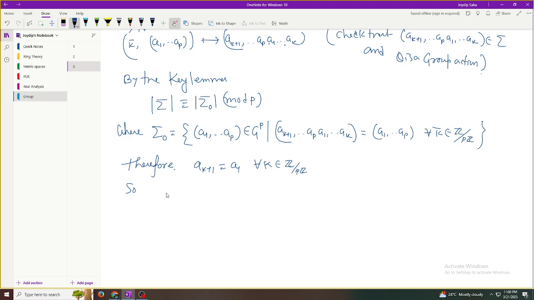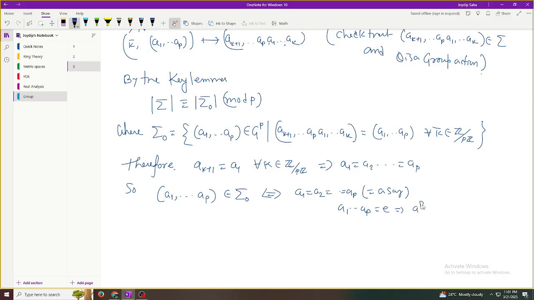So (a1, ..., ap) is in sigma 0 if and only if a1 equals a2 equals ... equals ap, and the product of a1 to ap equals the identity.